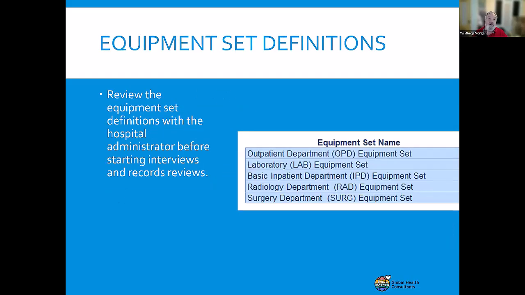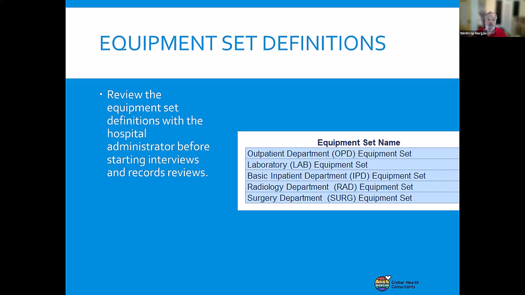When we did our equipment set definitions, these are the ones that we found the most useful: outpatient department, laboratory, basic inpatient department equipment, radiology, and surgery. Radiology, because radiology often did the chest x-rays, and they were also doing most of the other internal testing other than laboratory.